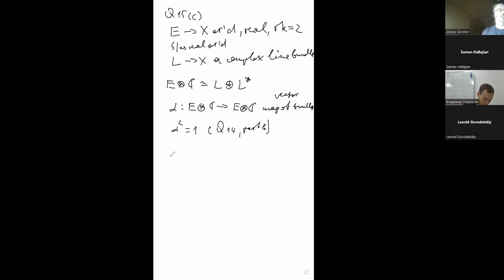Okay, now what do I do with this definition? Well, I want to find the plus and minus eigenspaces.